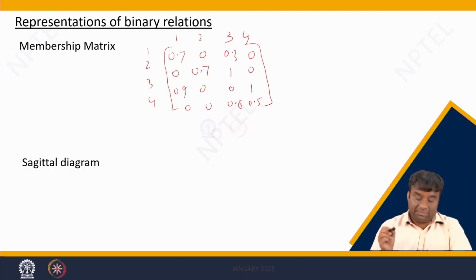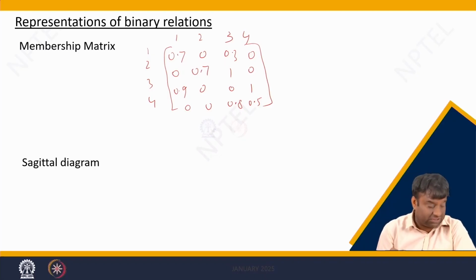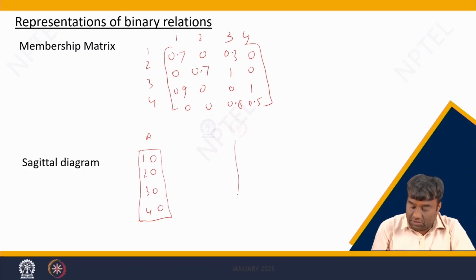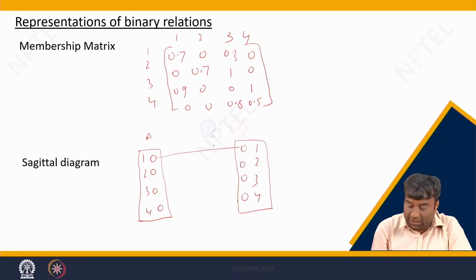It can also be represented in a sagittal diagram. Let the first set be A, whose values are 1, 2, 3, 4, and the second set be B, whose values are also 1, 2, 3, 4. In the diagram, 1 with 1 takes the value 0.7, and 1 with 3 the value 0.3.